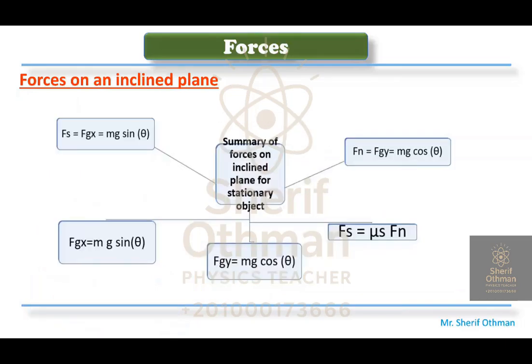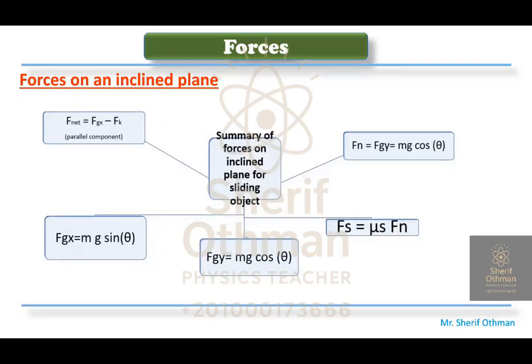The summary. Forces on an inclined plane for a stationary object: Fs equals Fgx equals mg sine theta, Fn equals Fgy equals mg cosine theta. Fgx is equal to mg sine theta, while Fgy equals mg cosine theta, and Fs is equal to mu s Fn. For a moving object, the net force in the x direction, which represents the parallel component, is equal to Fgx minus Fk.